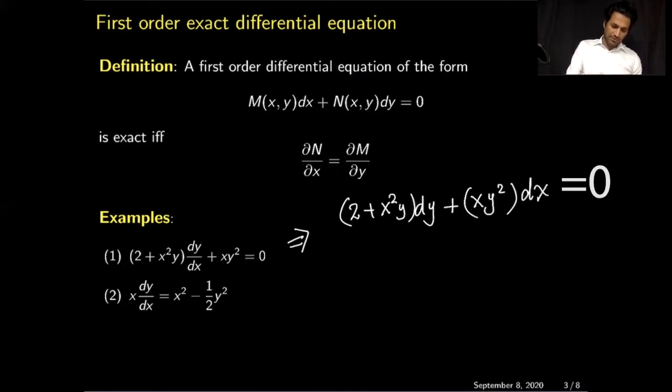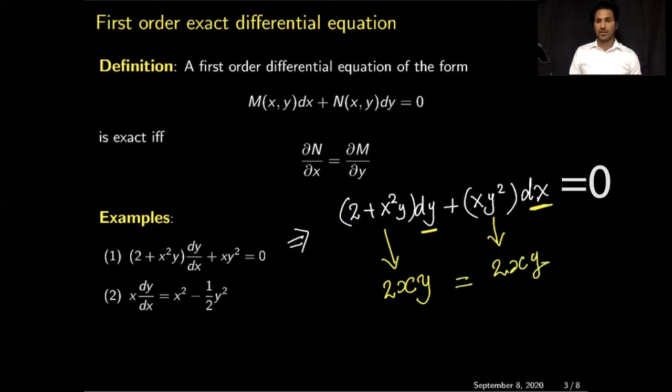In the next step, we calculate the partial derivative of the coefficient of dy with respect to x. This gives me 2xy. Then we calculate the partial derivative of the coefficient of dx with respect to y. That also gives me 2xy. If these two terms are equal, then we say the differential equation is exact. So this differential equation is an exact differential equation.